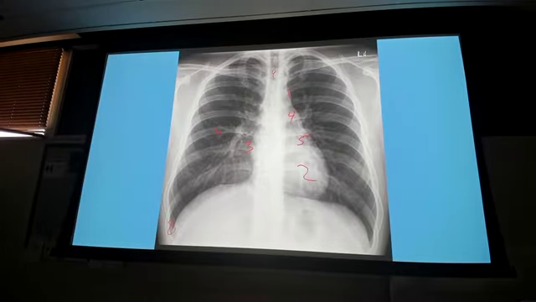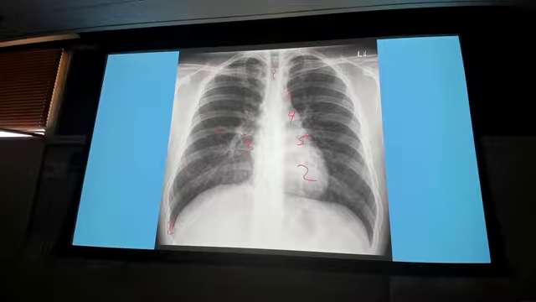Okay. So, what is number 4? Good, your pulmonary vasculature. All right, cool. What is number 8? Which one? Your anterior costophrenic angles. Good, don't get that confused.